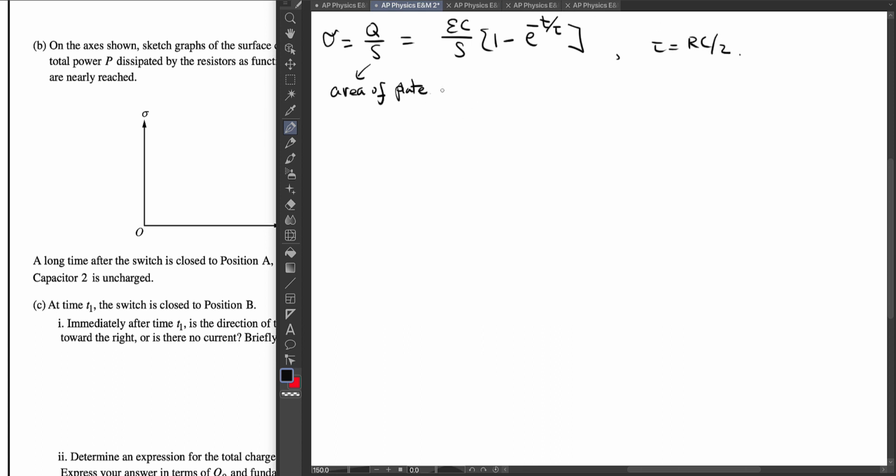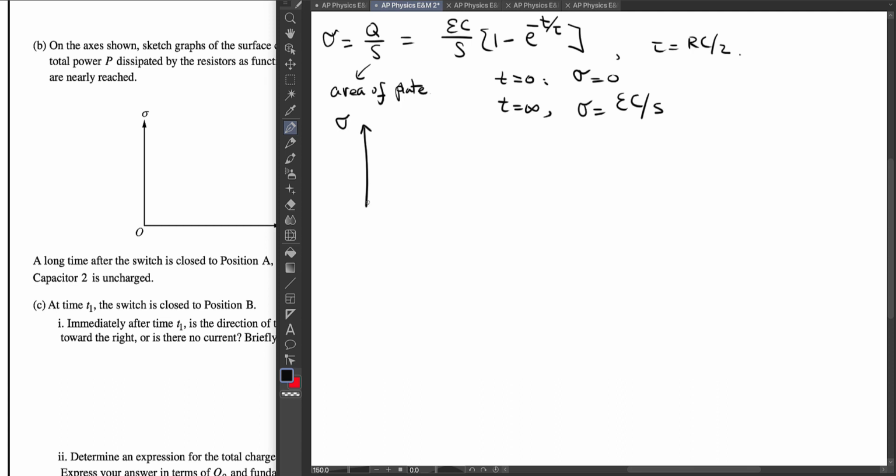Okay, so you're going to plot an exponentially increasing function. So we need some initial and final value here. So t equals 0, that's the initial value. We know sigma equals 0, and when t equals infinity, the exponential term disappears. So sigma equals EC over S.